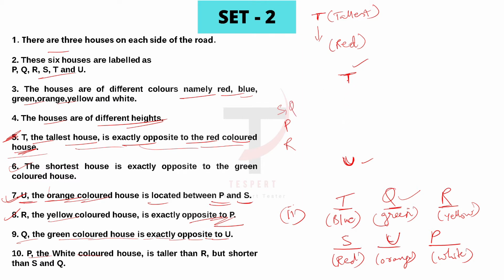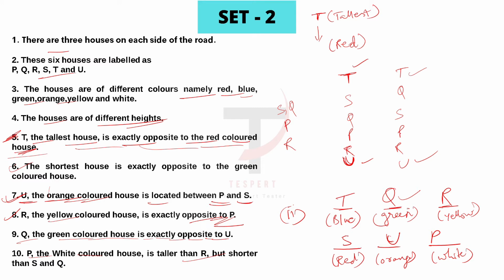The first one is T S Q P R U, or it can also be T Q S P R U. Hope you understood. U is the shortest, T is the tallest, but P is taller than R.